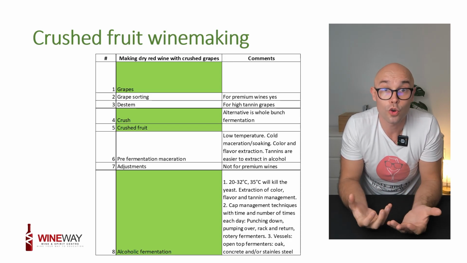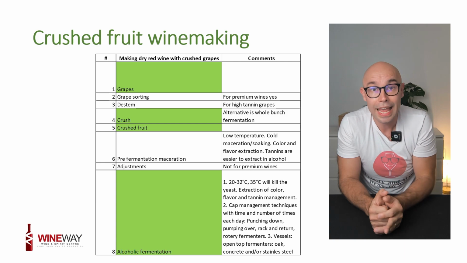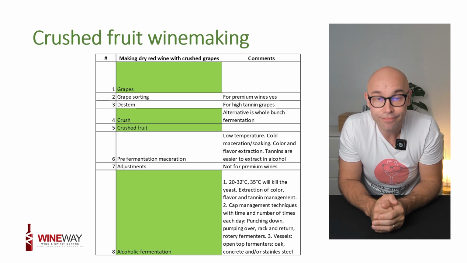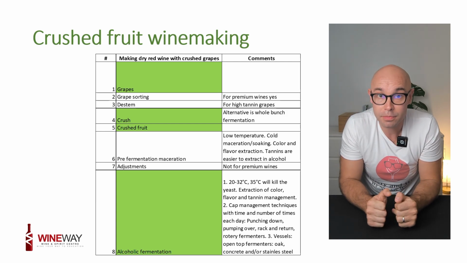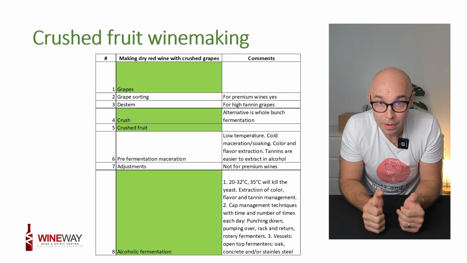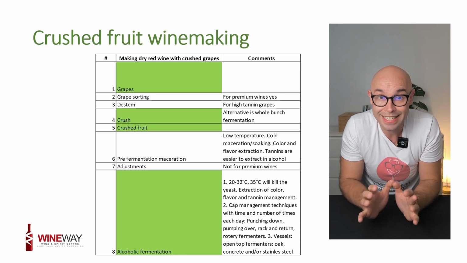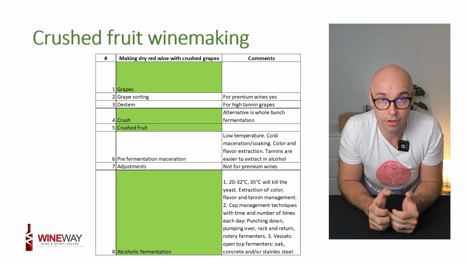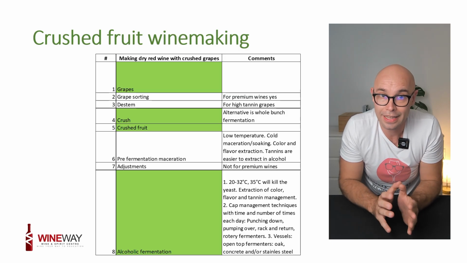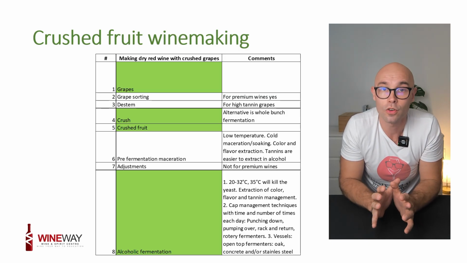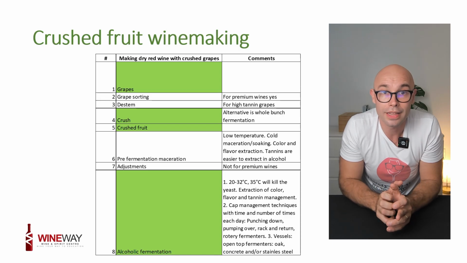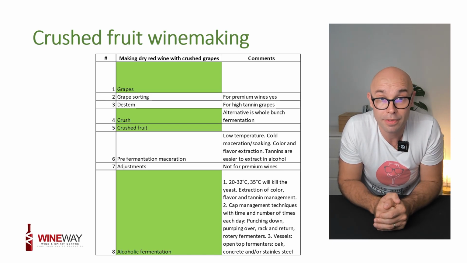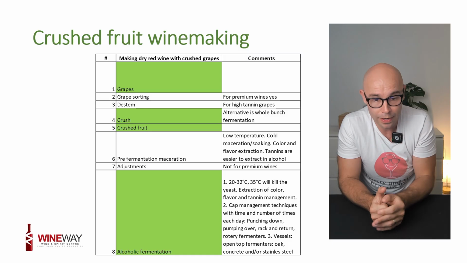Cold maceration, or cold soaking, as it's called, happens at this stage, before the fermentation starts, before the temperature and alcohol increase. If you do this step, you're extracting more flavor from the skins. Tannin and color are not extracted, or very little, but the important thing is to extract the flavor from the skin with a cold soak.